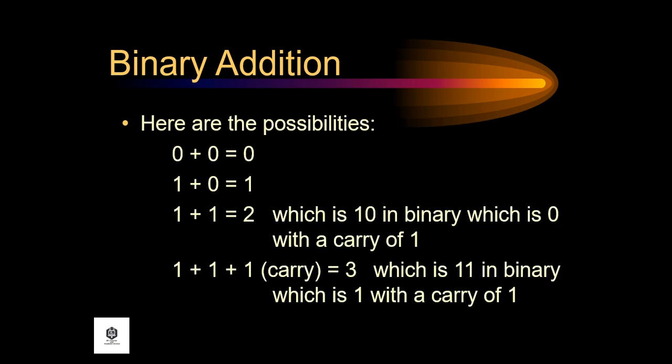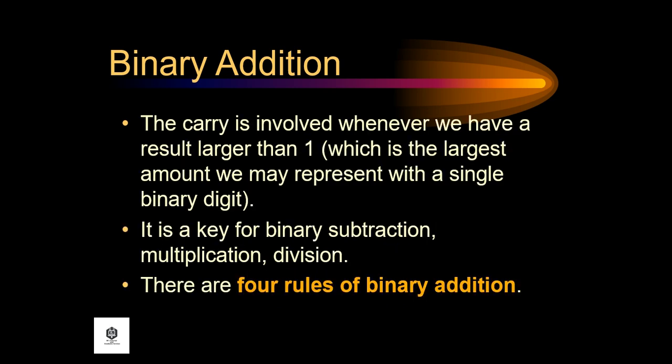Here are the possibilities. 0 plus 0 is equal to 0. 1 plus 0 is equal to 1. 1 plus 1 is equal to 2, which is 10 in binary, which is 0 with a carry of 1. 1 plus 1 plus 1 carry is equal to 3, which is 11 in binary, which is 1 with a carry of 1.